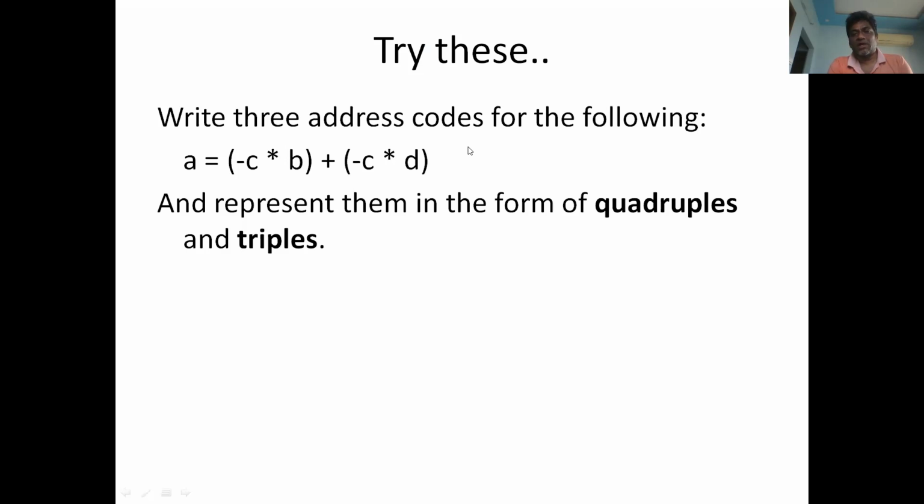Don't bother about the optimization or efficiency. You just need to represent this expression in the form of three address codes, and then use those three address codes to represent it in the form of quadruples and triples. I'm not asking about indirect triples, because if you know how to write triples, indirect triples are going to be very easy. Okay, so this is a task for you. Please practice this example.